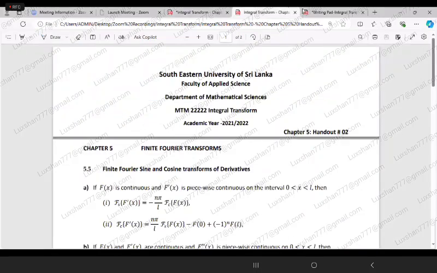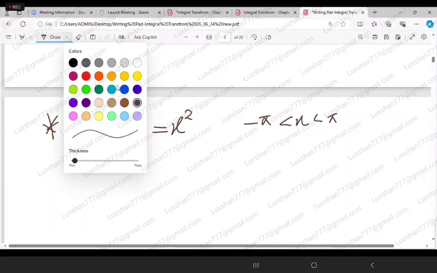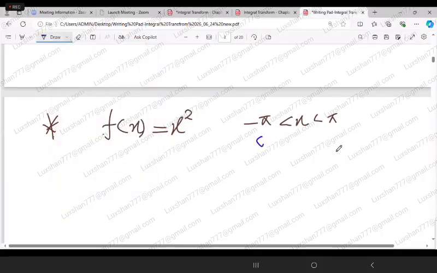This is our C, and this is C plus 2L. From this you can find L. What is the value of L? Pi. The value of L is equal to pi.